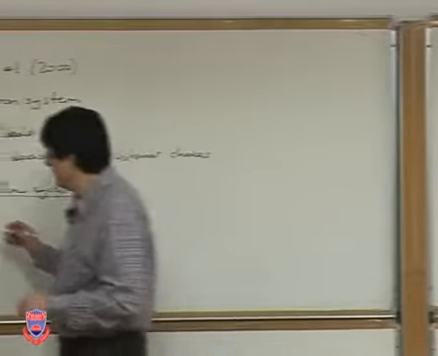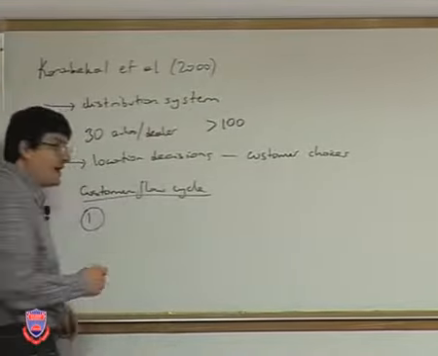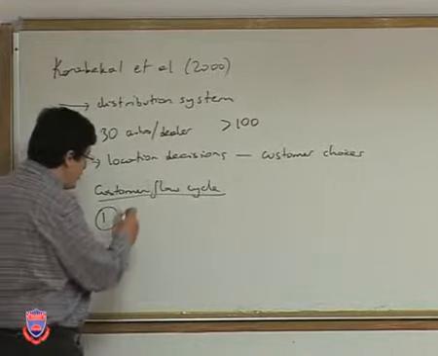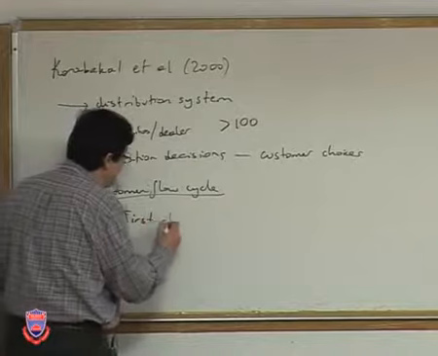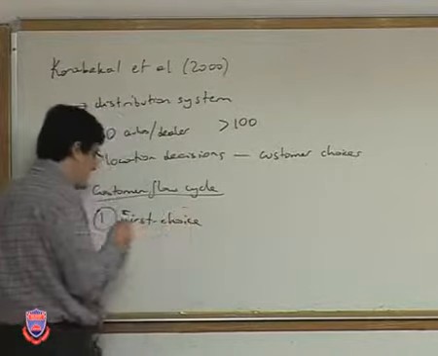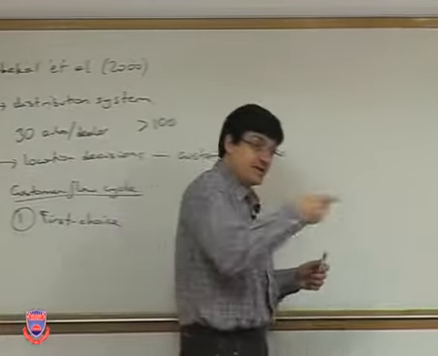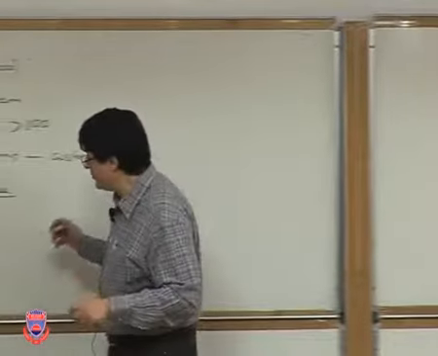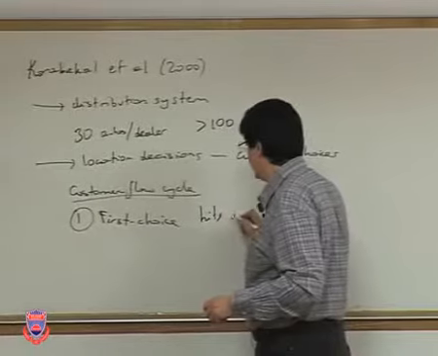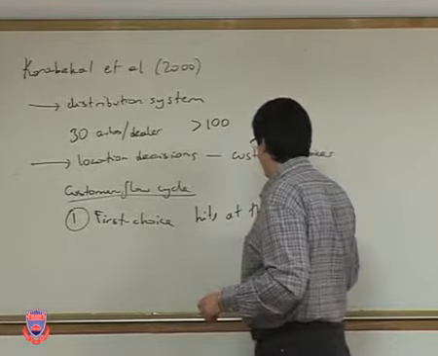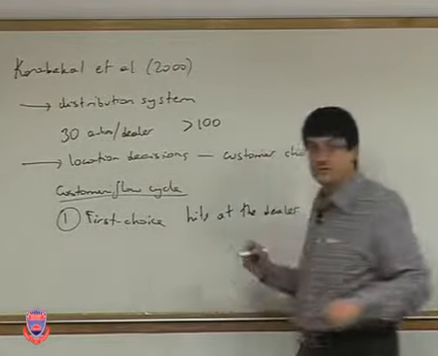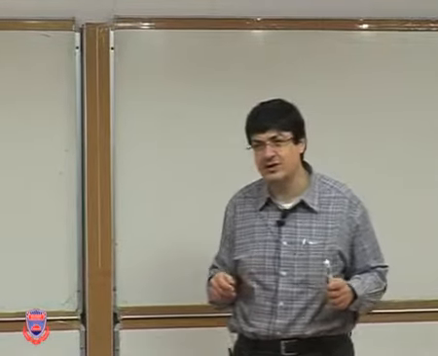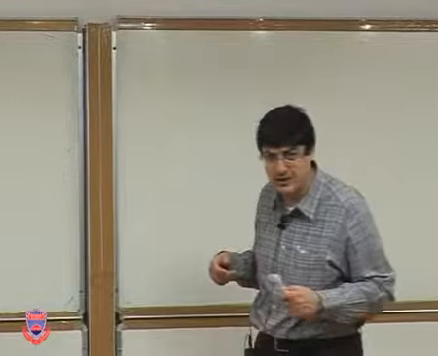Now, number one, a customer comes, has his or her first choice. So we are going to call it first choice. First choice is the automobile which the customer is asking for. Now, if first choice hits at the dealer, okay, this is something positive because it means that we are not going to lose the customer.